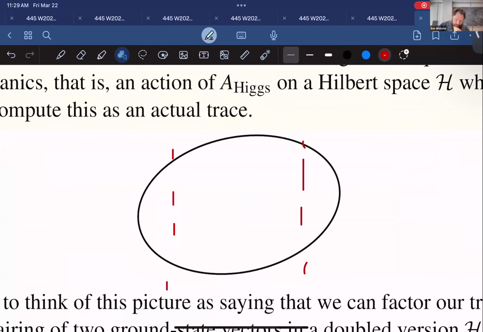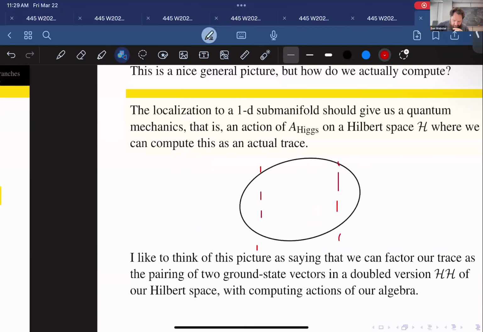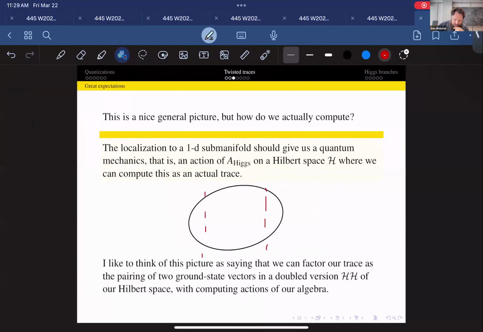The picture I want to draw: my operators are on an S1. One way to think about things is that if I cut that S1, there should be a Hilbert space, and I should be taking some kind of trace on this Hilbert space. But I want to think about this a little differently, because that's the way I actually understand how to do things, which is that I want to cut two ends off of it. So I have my circle, and I cut it into two relatively straight segments, and then two connections at the end.